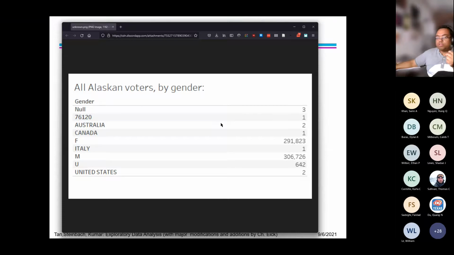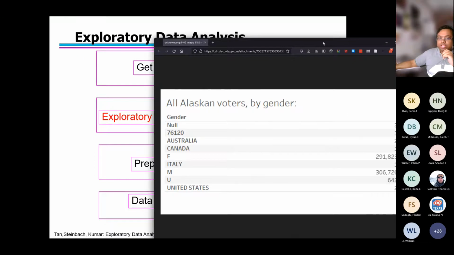You'll figure out a bunch of your analysis pipelines are breaking because someone put in null in gender and your, I don't know, natural language platform does not know how to deal with that and everything breaks.